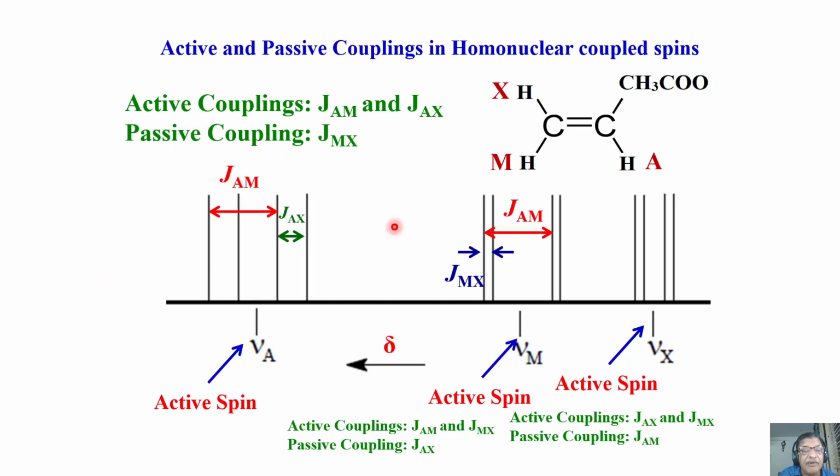No coupling is seen between passive spins. With that point, you can analyze any spectrum given like this. Get the point? You can analyze everything here. All this coupling can be measured very easily.